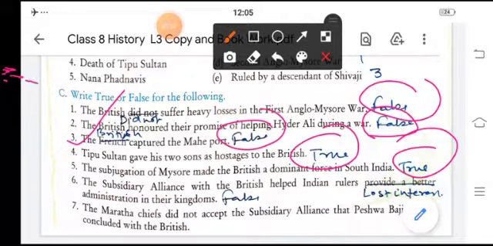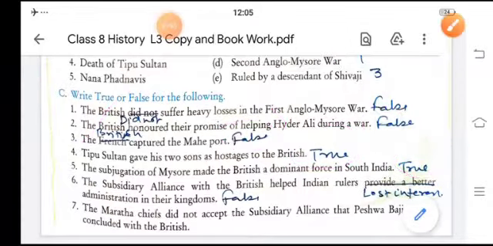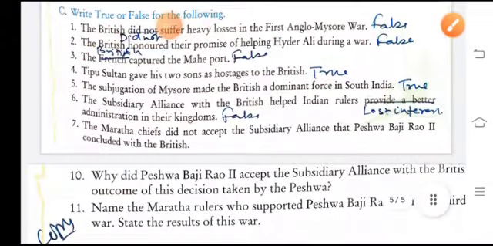It is false. It did not provide a better administration; they lost interest. And the last one: the Maratha chiefs did not accept the alliance that Peshwa Bajirao II concluded with the British. True.